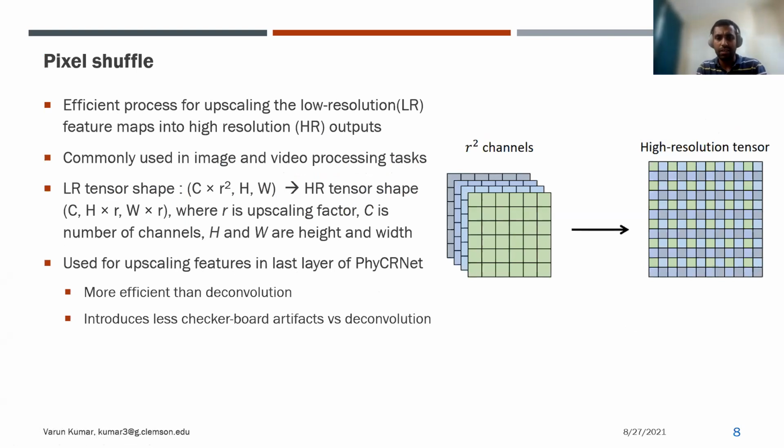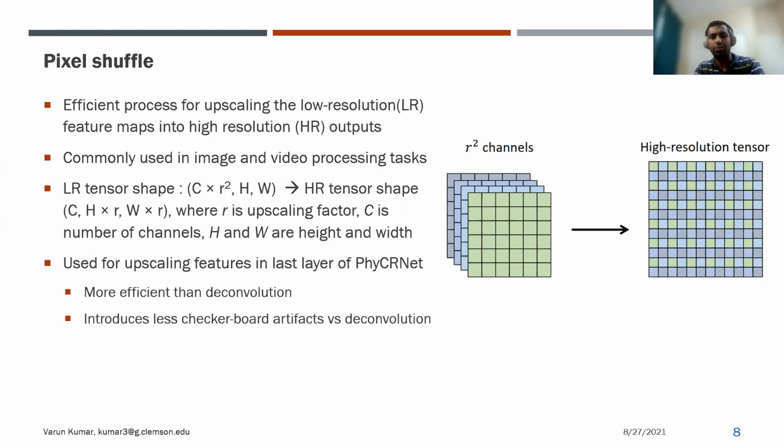Another interesting concept that I found in this work was the use of pixel shuffle. This is where they have a convolution network moving to low resolution feature maps, and then they have to bring them back to a higher resolution output. And that is where they're using this pixel shuffle in their architecture.